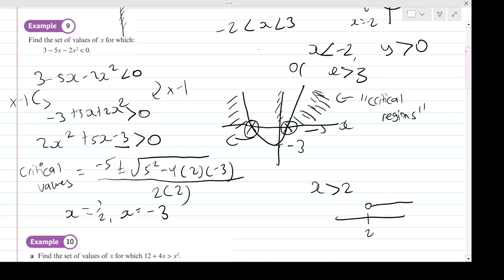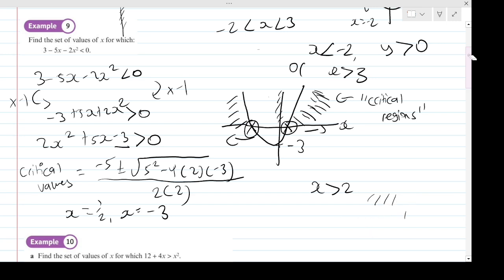Technically, the whole space after 2, think of this as an x-axis, is also called a critical region. That's the region that satisfies the inequality. So the region of numbers, or an area, that satisfies an inequality. That's all it is. That's a critical region.